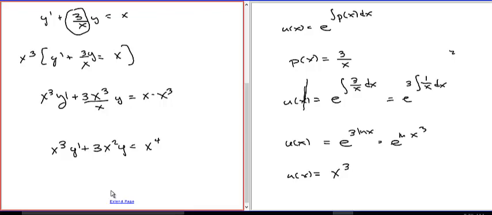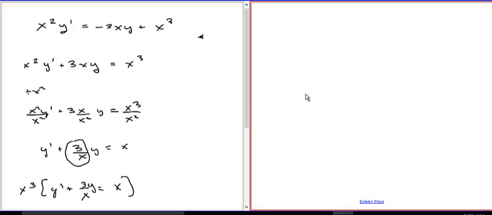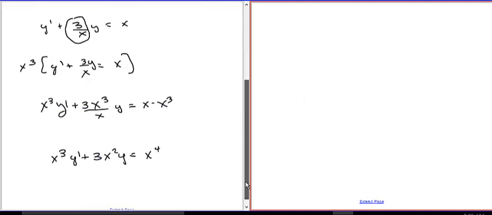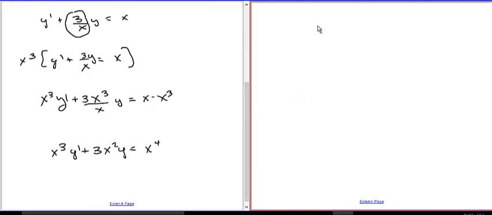So you can use the product rule backwards to rewrite. So we can compress this left-hand side and make it x cubed y, quantity, prime, and that equals x to the fourth.